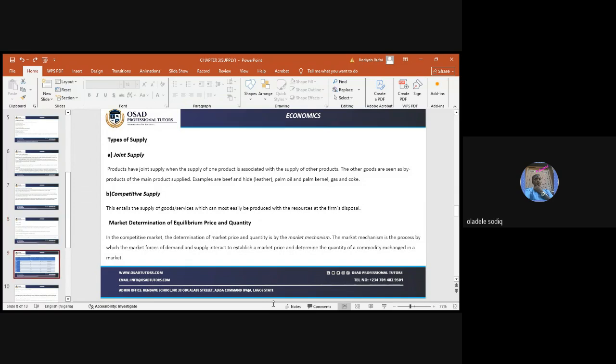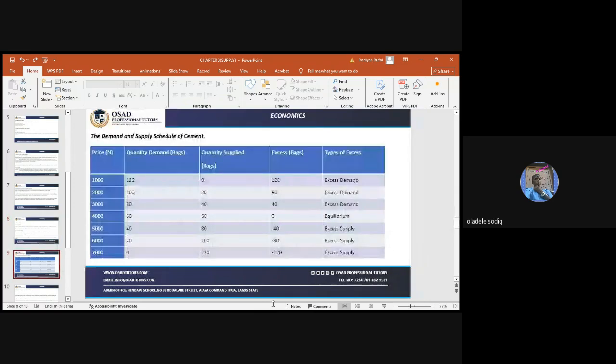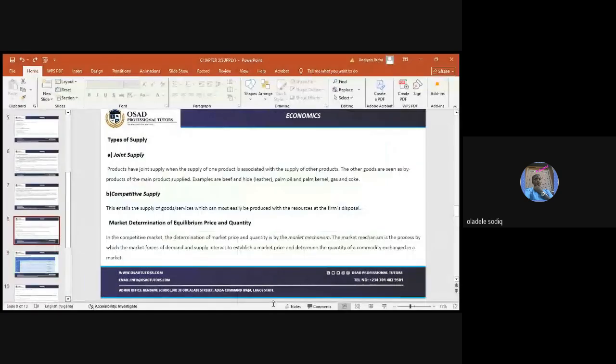So let's move to our next slide, where we have a demand schedule. This demand schedule will explain market determination. Now, I need to mention something too before we move on. We have equilibrium price.